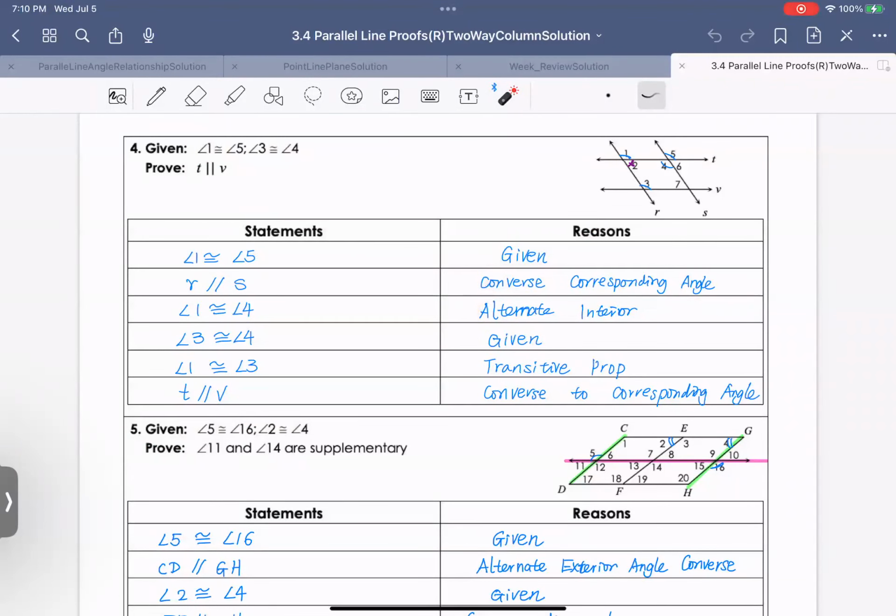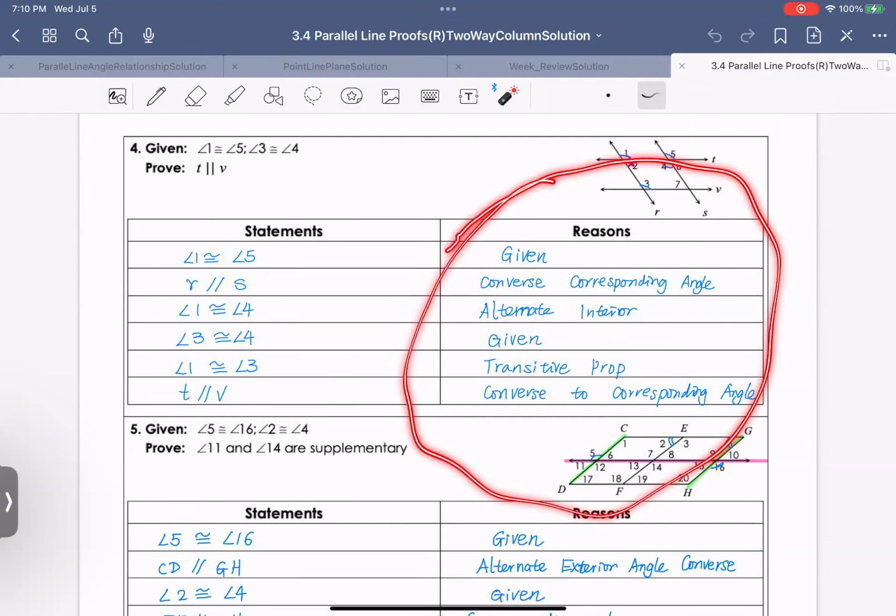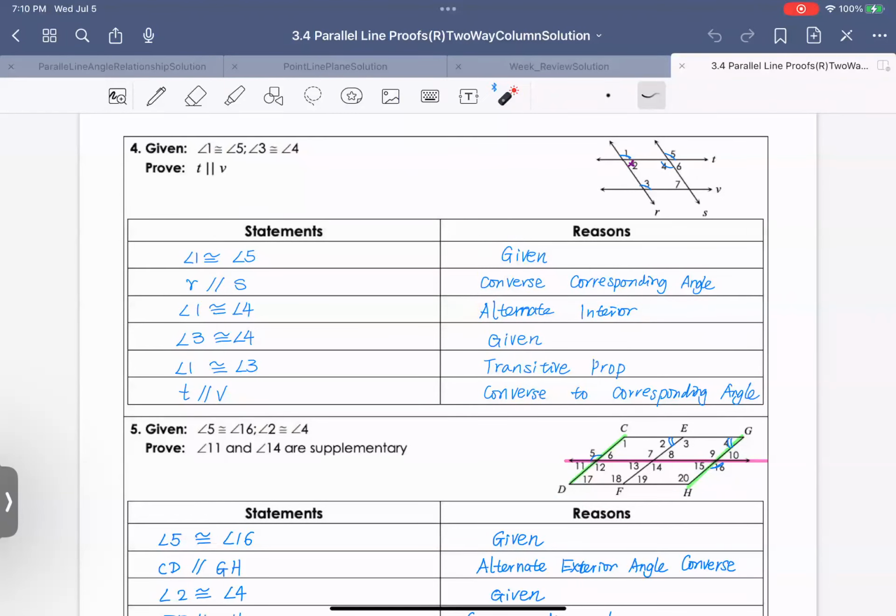So today we are remembering those angle relationships to serve this purpose. I will use several classes to train you guys to do this proof. It's like we are playing hard puzzle games. So today we are going to remember all those names correctly, so that we are able to write down those supporting reasons correctly.